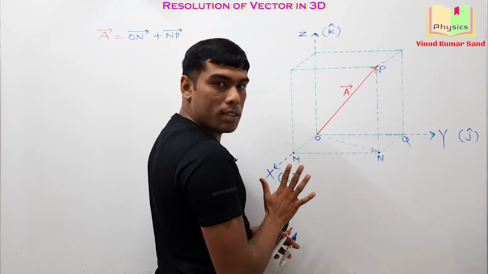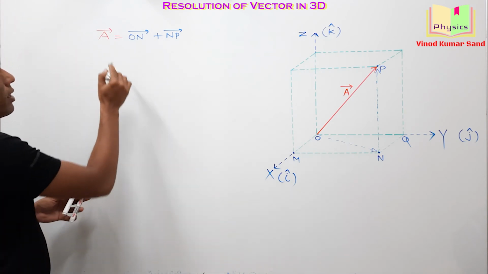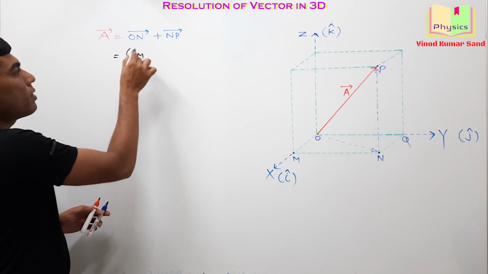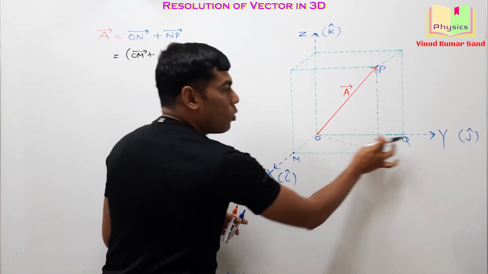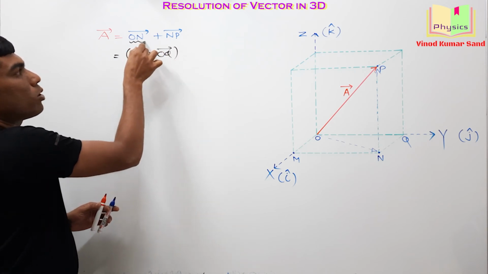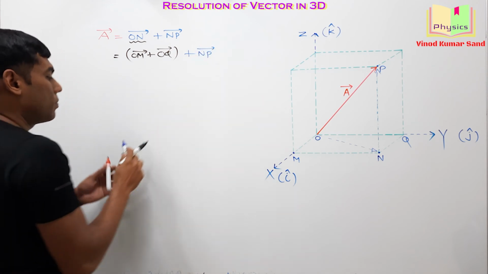You can see the diagram here. So this ON vector can be written as the summation of OM vector plus OQ vector. I am writing this value of ON vector, and we have here the NP vector.